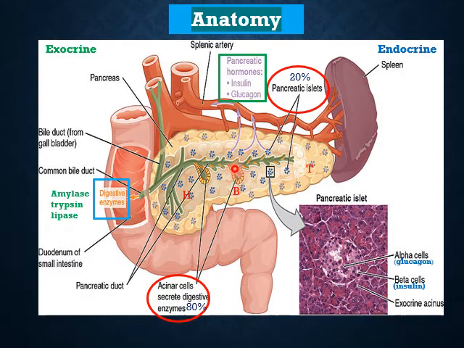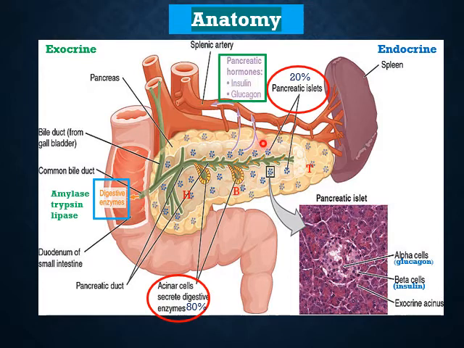And these are carried into the main pancreatic duct, which runs through the body throughout the length of the pancreas, and it enters into the second part of the duodenum as the ampulla of Vater after being joined by the CBD. Therefore, the digestive enzymes are secreted into the second part of the duodenum.